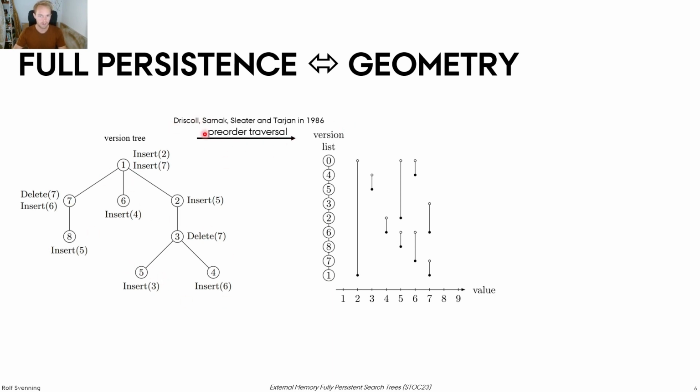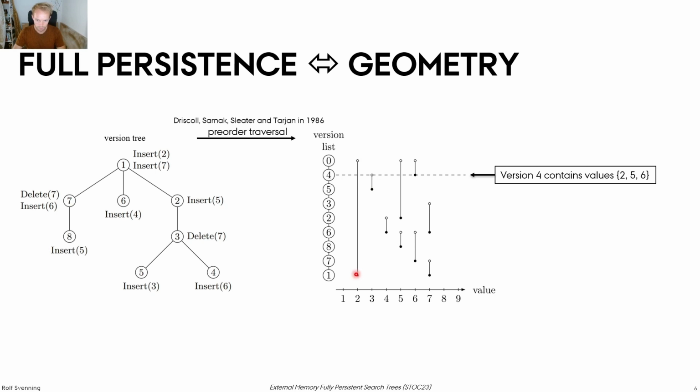And this was also described in the paper by Driscoll, Sarnak, Sleator, and Tarjan. And the way to now interpret this geometric view is, if you for example consider version 4, which values are contained? Well, you consider a vertical or a horizontal segment from version 4. You look at all its intersections with vertical segments, and some segments are including in one and excluding in the other.